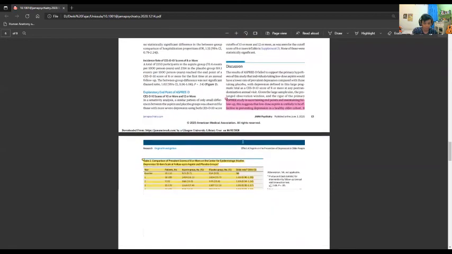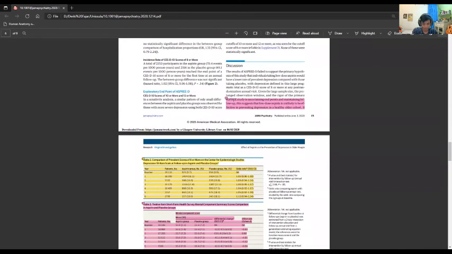So this is the interpretation: the endpoints and maintained follow-up suggest that low dose aspirin is unlikely to be effective in preventing depression in a healthy older cohort. So it explains the interpretation.